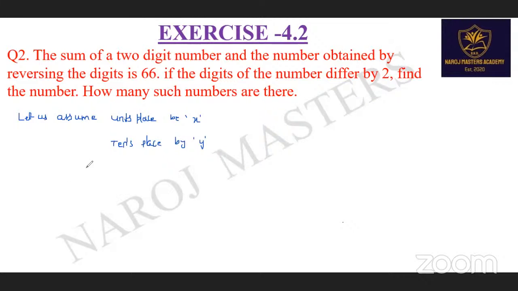The two-digit number will be yx, this is our tens place and this is our units place. So yx is our number. If you reverse this number, then you will get xy.